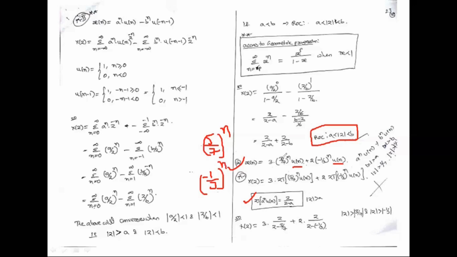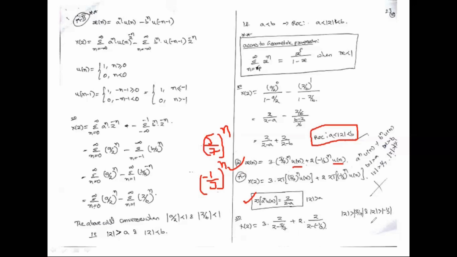It looks like the I, but it's not the I. 5 by 7. So z by z minus 5 by 7 plus 2 into z by z minus of minus 1 by 3, because a is minus 1 by 3. And what is the range? The ROC range is z greater than only for both. Z is greater than 5 by 7 and z is greater than minus 1 by 3.